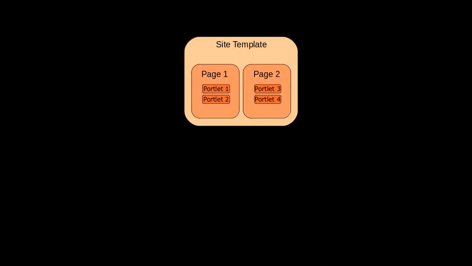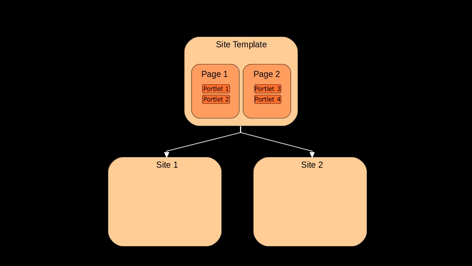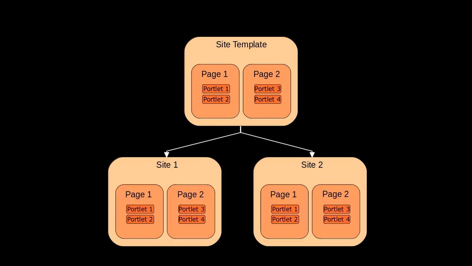Site templates provide a preconfigured set of pages, applications, and content that can be used as the basis of the site. They are very powerful for managing many similar sites. When you create a site using a site template, the configuration of pages and applications are copied from the template to the site.